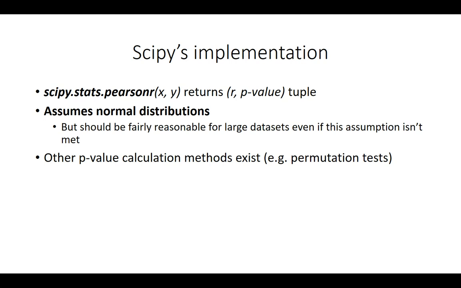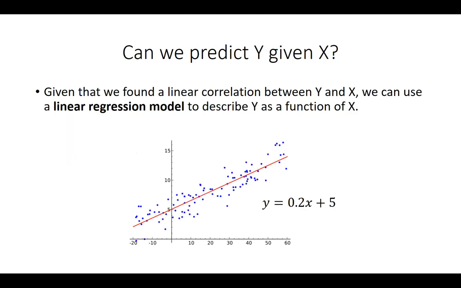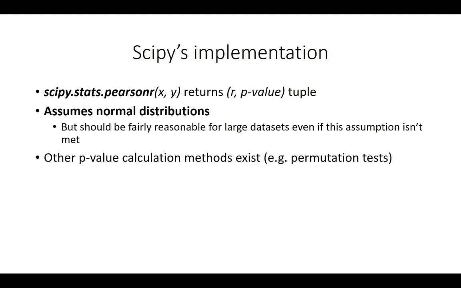But in some rare cases where it doesn't hold, there are some other alternatives. For example, you can use a permutation test, and we're going to speak about it later. Okay, before we move on, any questions?